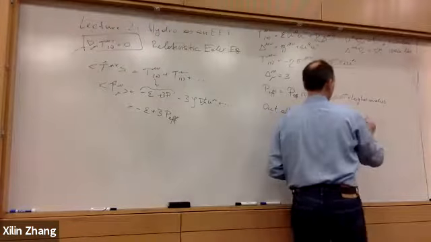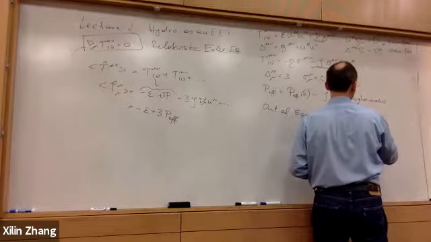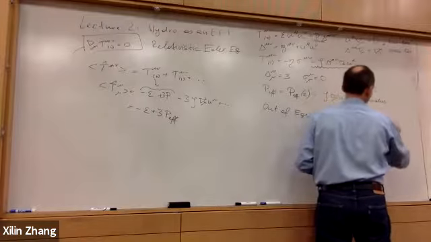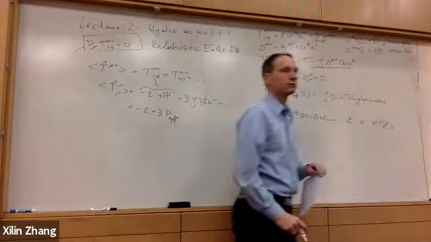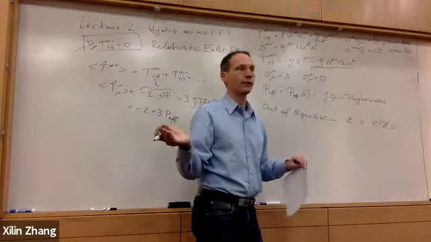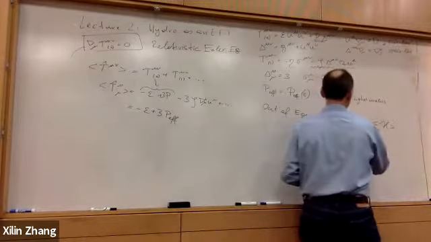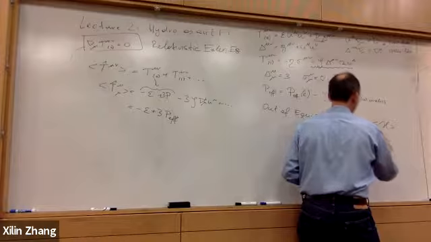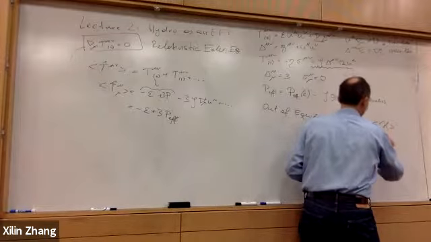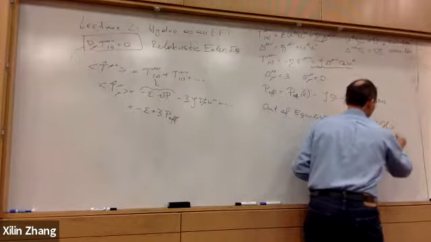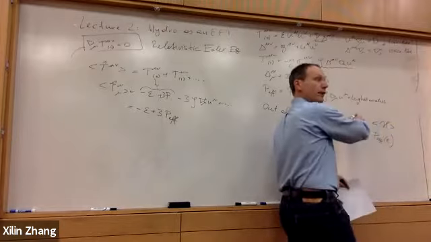So out of equilibrium, the energy density is always the expectation value of the Hamiltonian. Out of equilibrium, that's a perfectly well-defined procedure. The pressure is given by the equilibrium equation of state defined with this out of equilibrium energy density.